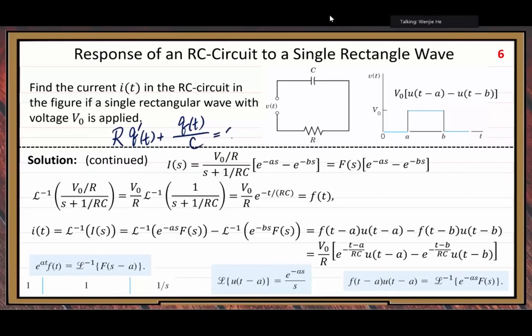Another way is that we can apply the Laplace transform on this Q form ODE directly. So we get a capital Q, right? For the differentiation, we have that formula, s times capital Q, right?